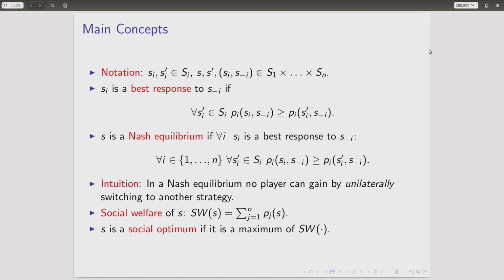He won't get a better payoff. And this statement here provides us with the criterion. So it can be the same, but it cannot be better.